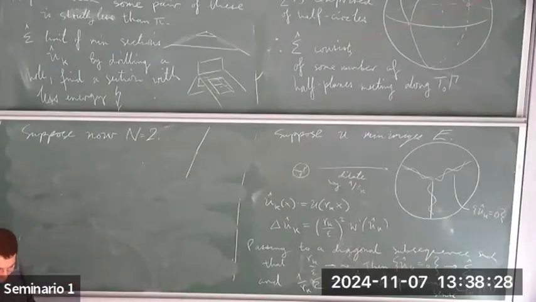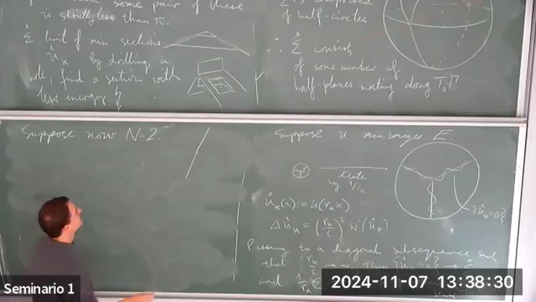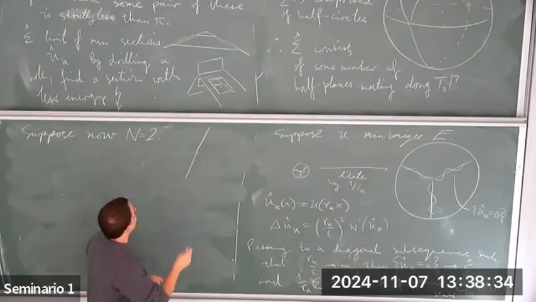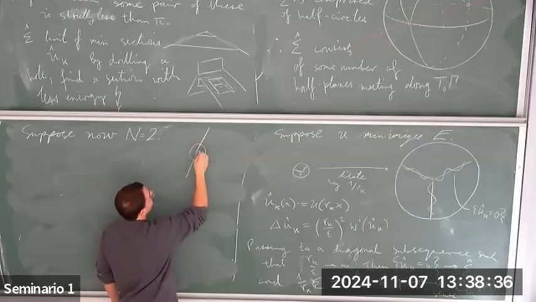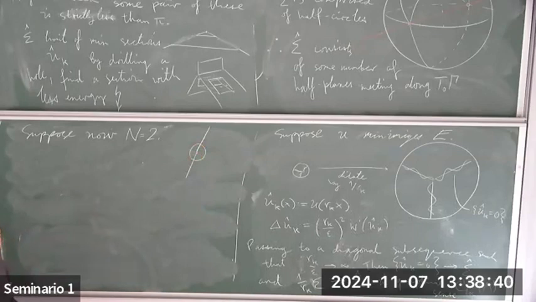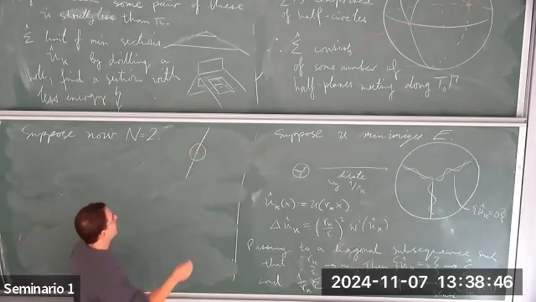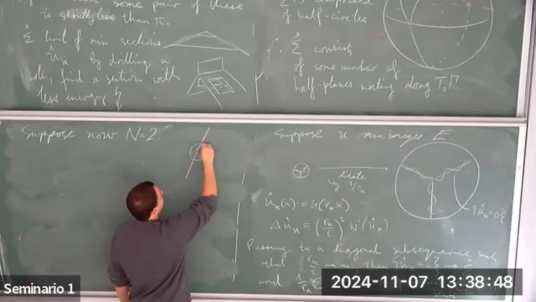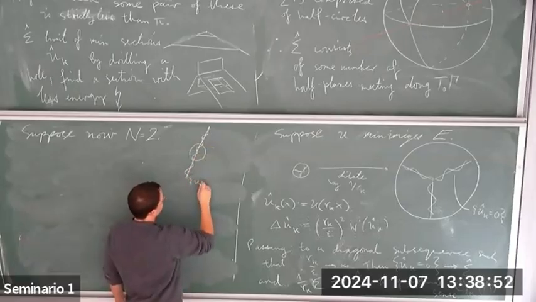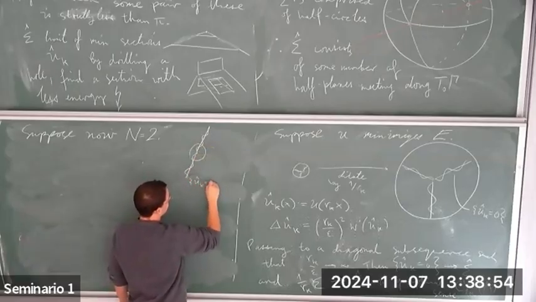So how do we rule this out? Well, now we do our usual trick of considering a loop which winds once around this piece of the boundary. Then remember that this sigma hat is a limit of the nodal sets.